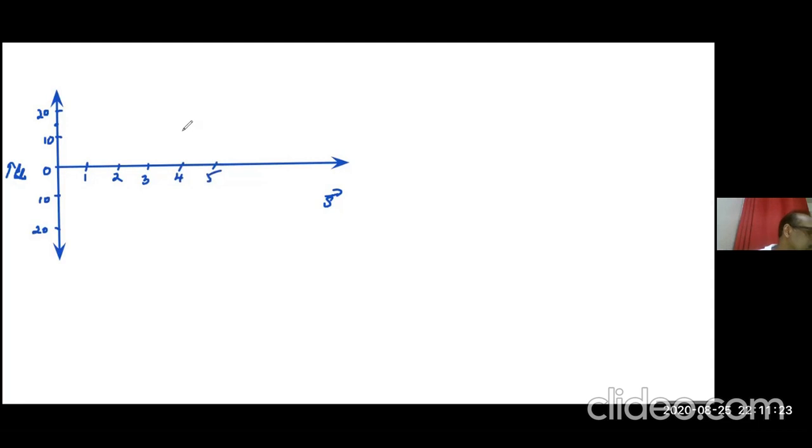Now from 5, this is along 10. This is 10 to 15.